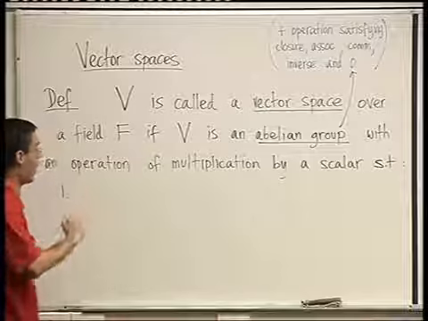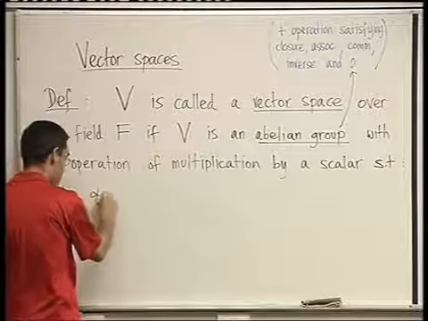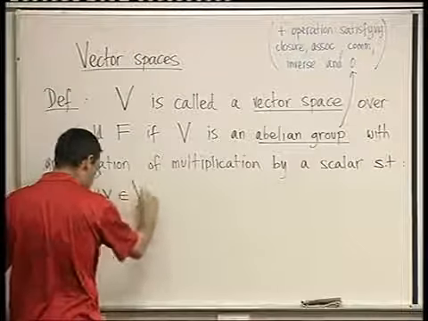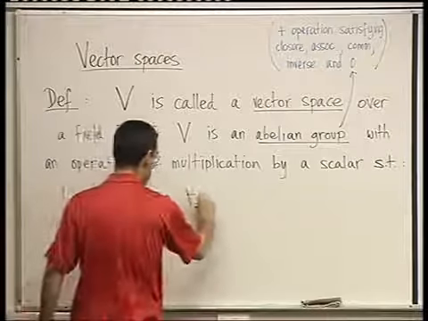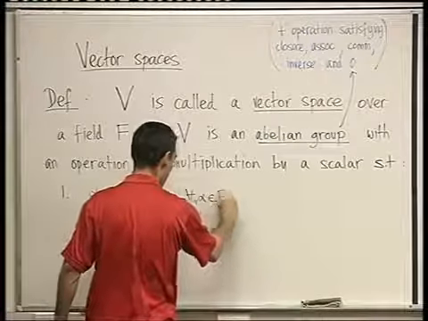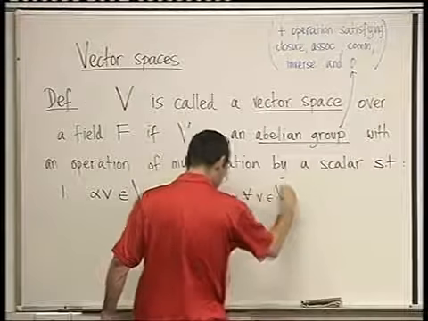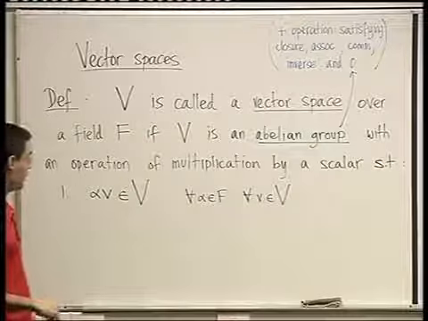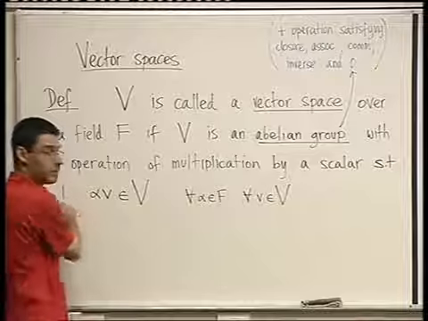Remember, it's no longer Rn and it's no longer R. So alpha times v belongs to big V. Big V is our vector space for every alpha in F and for every v in V. Make sure your little v's and big V's are little and big. Otherwise, you'll get very confused now. Okay? So what is this property number 1?